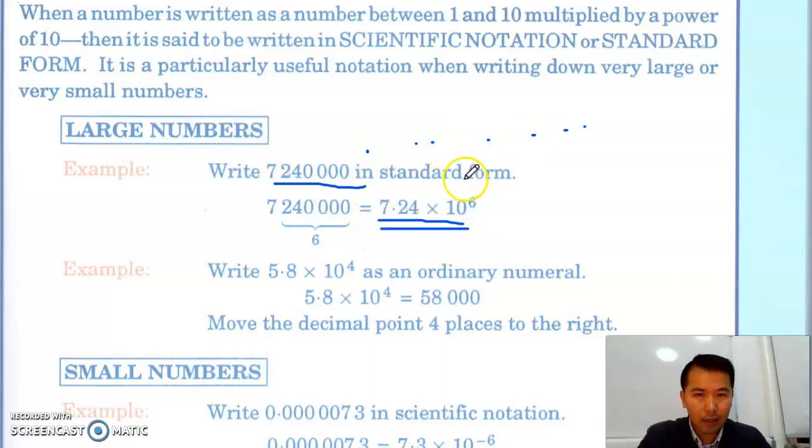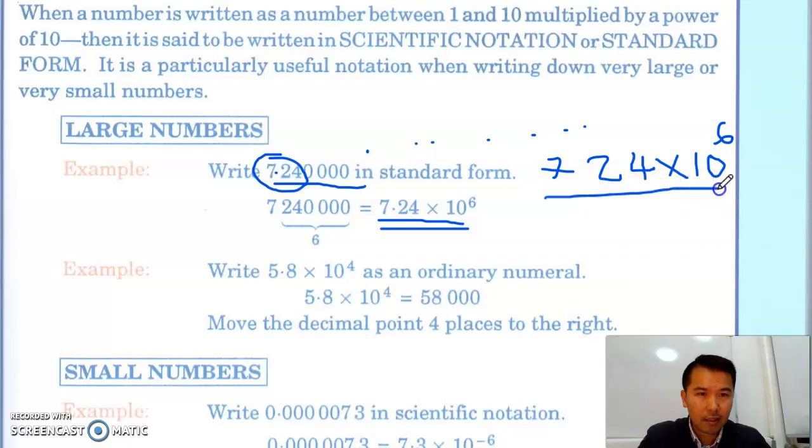So the way to write scientific notation is you pick the number without zeros, so 7, 2, 4, that's without zeros, and you count how many zeros starting from the first number. So 1, 2, 3, 4, 5, 6. You know that it's going to be 6, so just times 10 to the 6, and that's it.